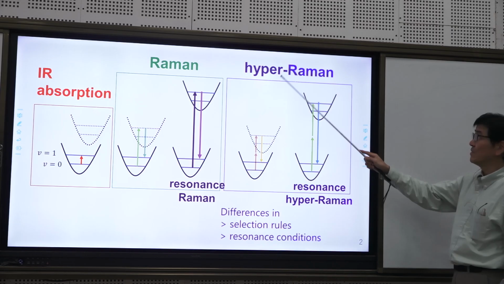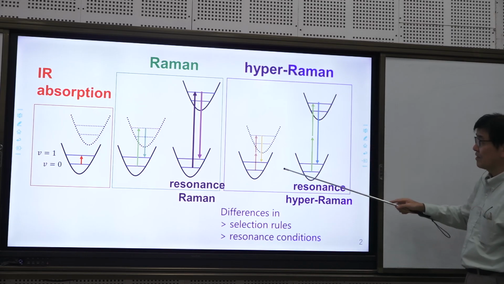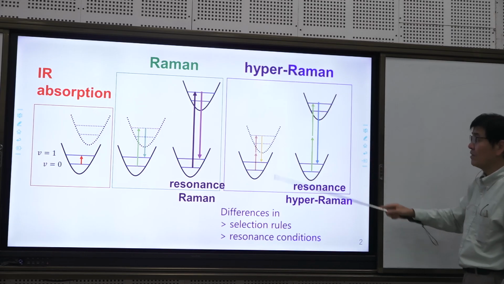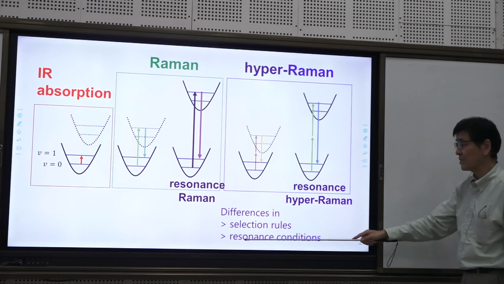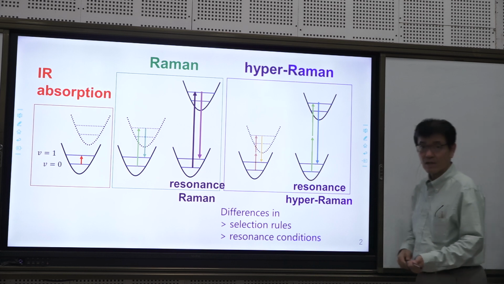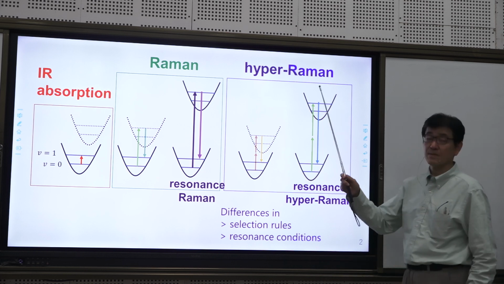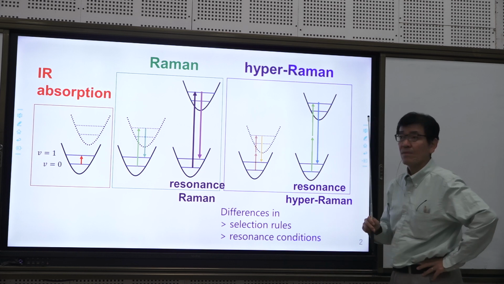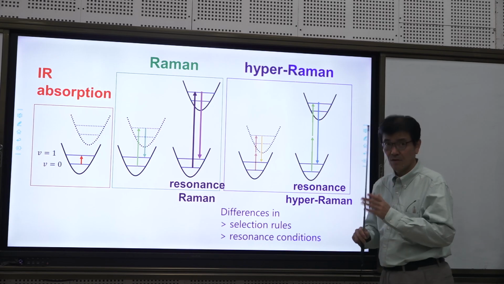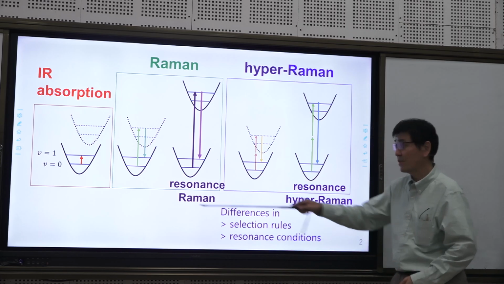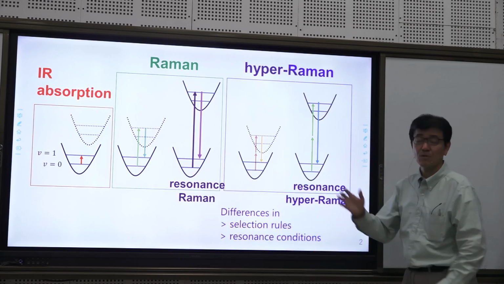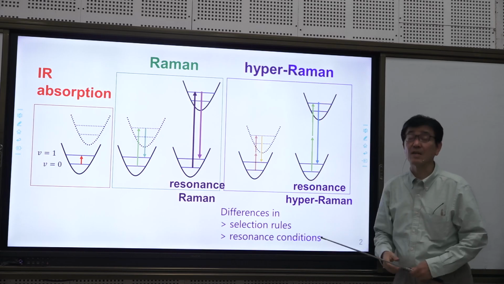But hyper-Raman, as we see, has a difference in the selection rule and resonance conditions. So we expect that by using hyper-Raman spectroscopy, hopefully we can get new information about the molecules. Not only the vibrational state, some new information. That is the expectation.